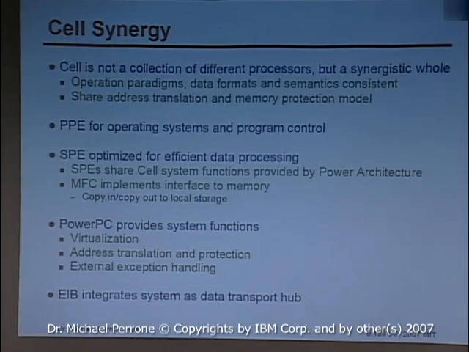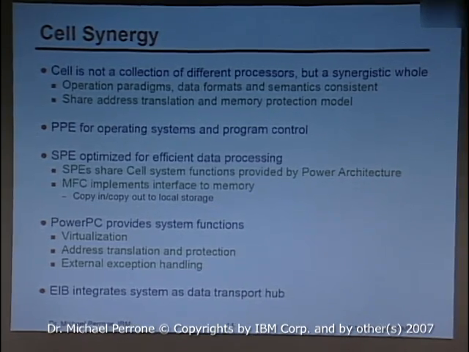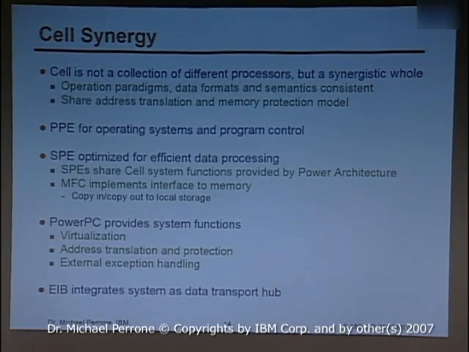It's not that important. Okay, cell synergy. Now this is kind of an apple pie motherhood kind of thing. The cell processor was specifically designed so that those 9 cores are synergistic, right? That they interoperate very efficiently. Now, I told you we have 8 identical processors. We call those SPEs, and the 9th processor is the PPE.